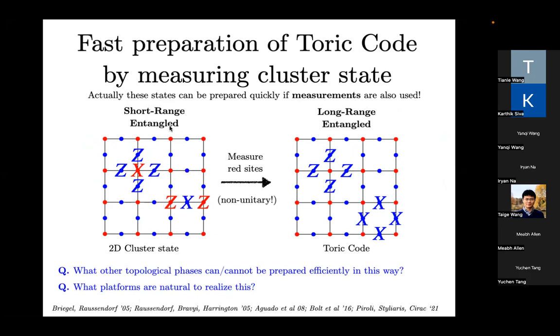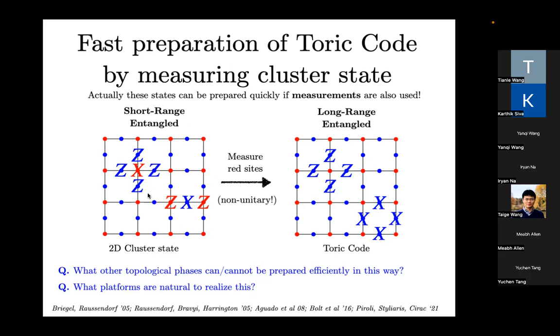It's related to the fact that if I want to prepare the toric code, which has, for example, stabilizers, product of Z's on the vertex and product of X's on the plaquette, where by Z and X I mean Pauli matrices, by the way, you just need to prepare a short-range entangled phase. There's this so-called 2D cluster state, which can easily be prepared by a shallow depth circuit.